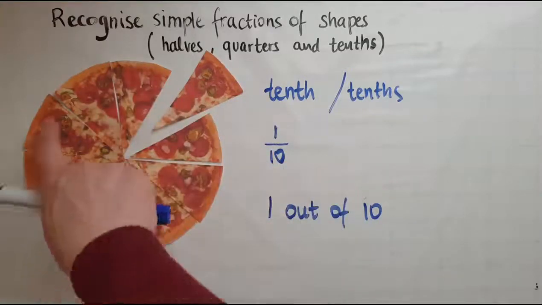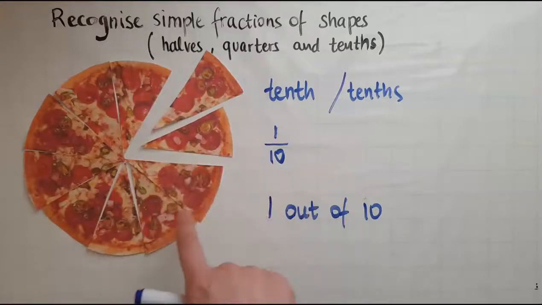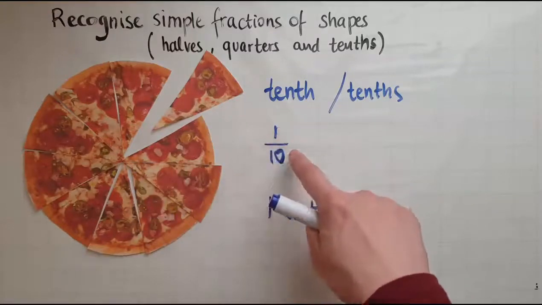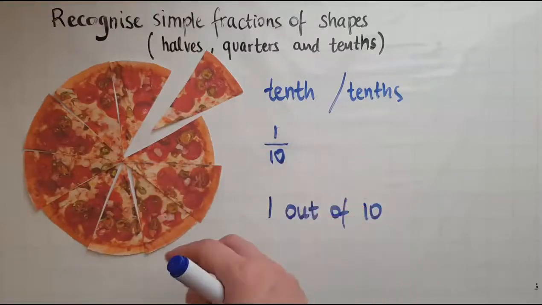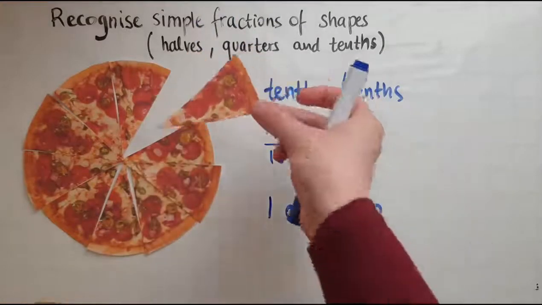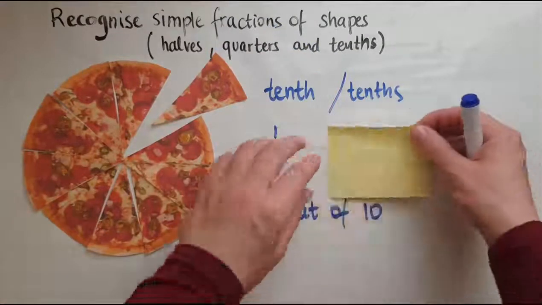All of these are tenths. So 2 tenths, 3 tenths, 4 tenths. So 1/10 is written as 1 out of 10, like this, 1/10. So if I separate this, this is 1/10 or 1 out of 10.